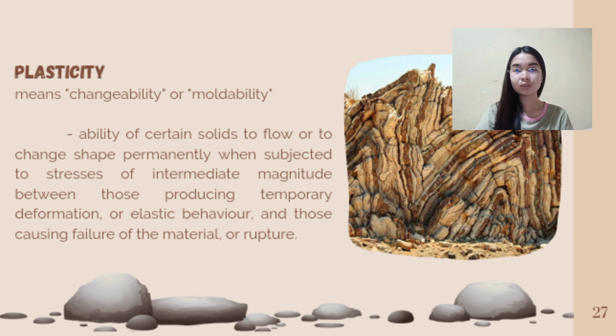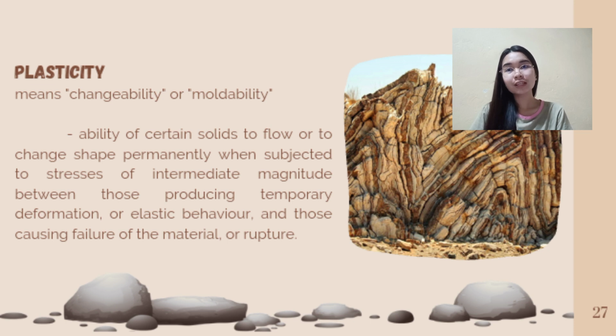This process is called the plastic deformation nga, or it is not necessary of the object to break or hindi masisira ng ganun-ganun yung object. Like, for example, dito is yung steel string. Example ng plasticity is steel string.